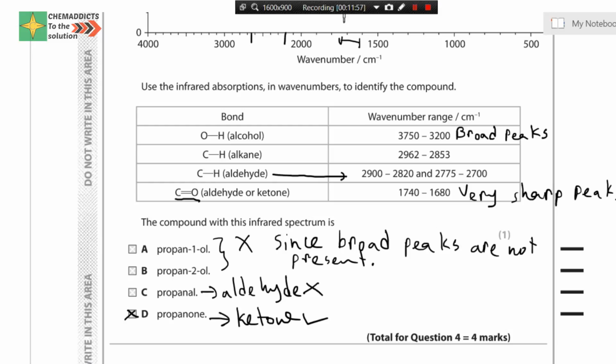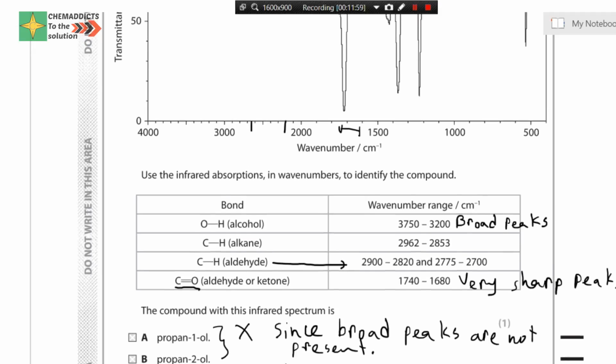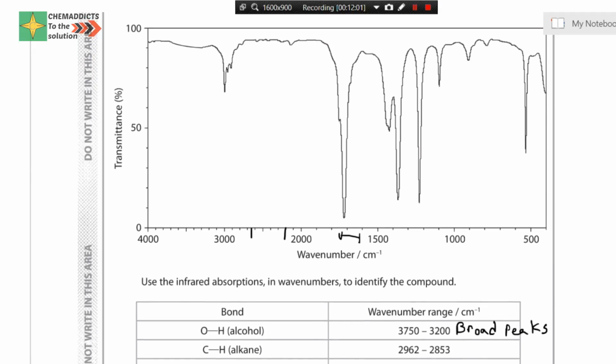As you can see, for the CH bond, now let us look at the CH bond for aldehyde. Around this range there is no peak. Let me extend this so it would be convenient for you to understand.